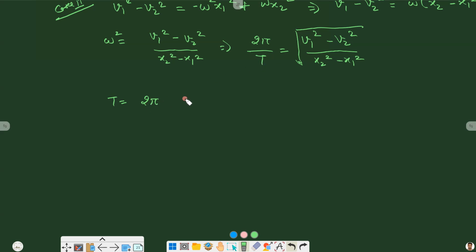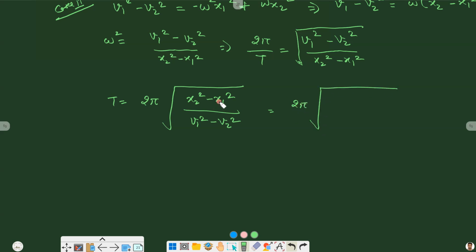So T will be 2 pi times the square root of x2 square minus x1 square divided by v1 square minus v2 square. This can also be written, if we adjust the negative sign, as 2 pi root of x1 square minus x2 square divided by v2 square minus v1 square.